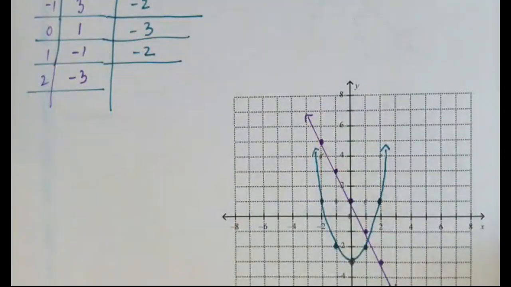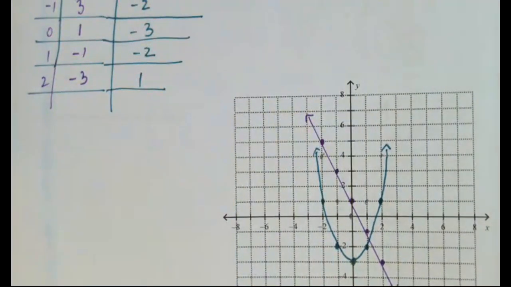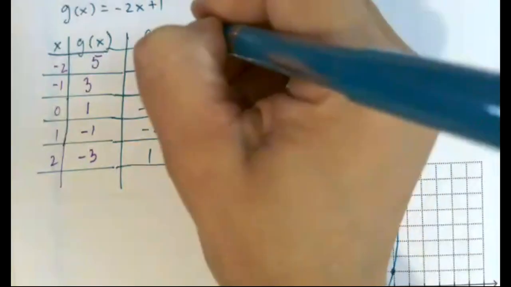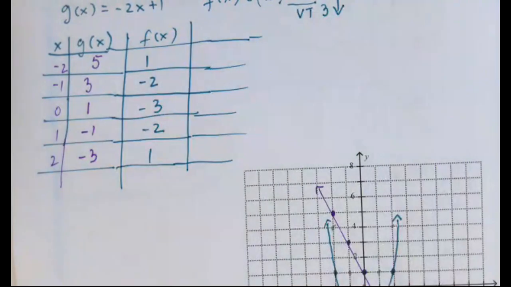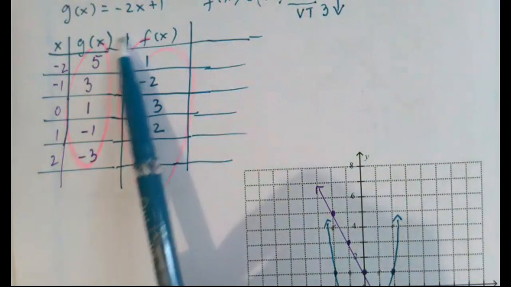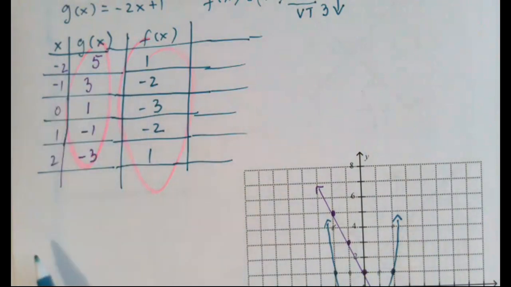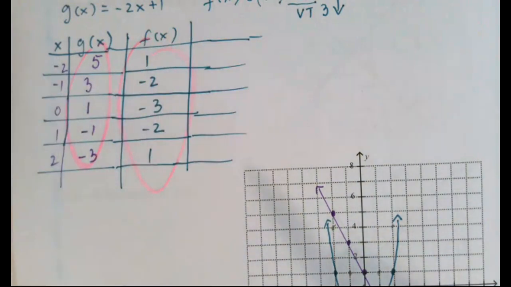And when x is 2, the value is back at 1. Now, all I gotta do, since I've done my work cleverly, is not combine them any other way than they're already set up for me. There's my g of x, the y coordinates of the function g for the corresponding x, and the y coordinates of the function f for the corresponding x's.